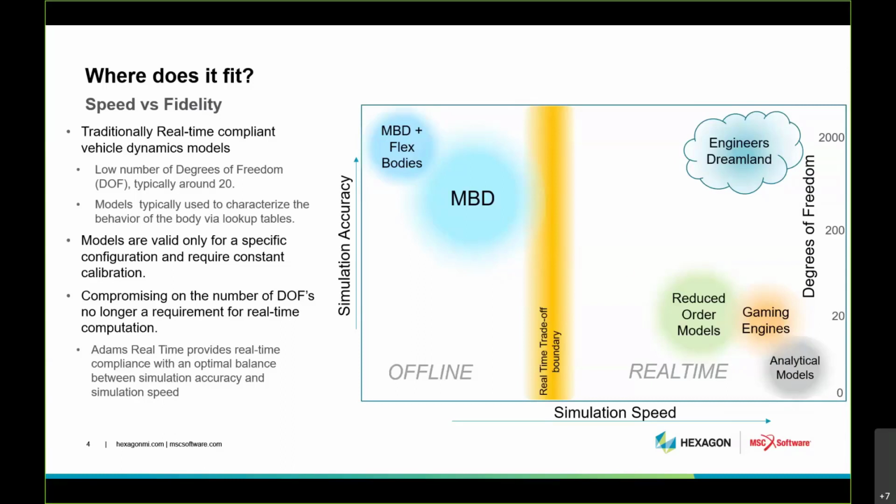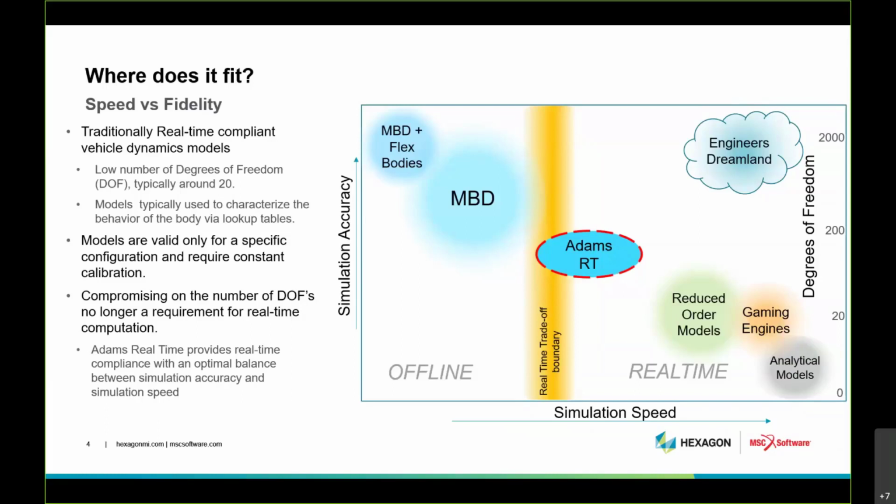So, Adams Realtime really comes in to bridge that gap. It's leveraging our Adams engine and making it perform at real-time speeds. One of the things I think is important is that with Adams Realtime, we still have the model topology we have in our full fidelity models, which can give us a lot of key result characteristics.